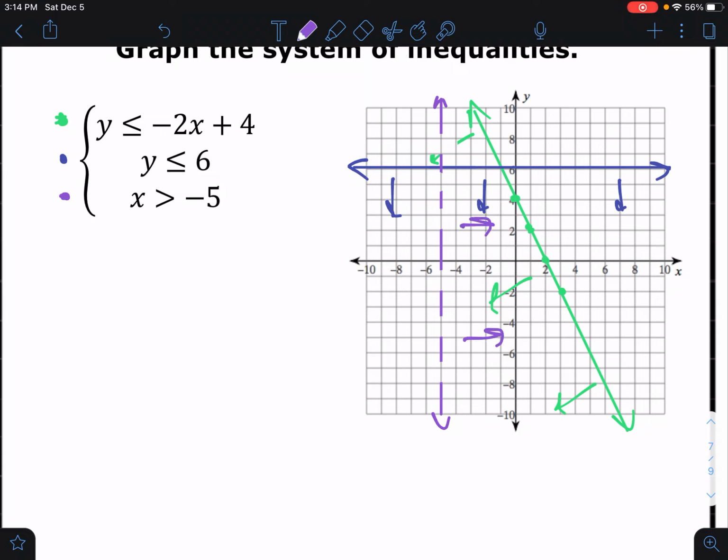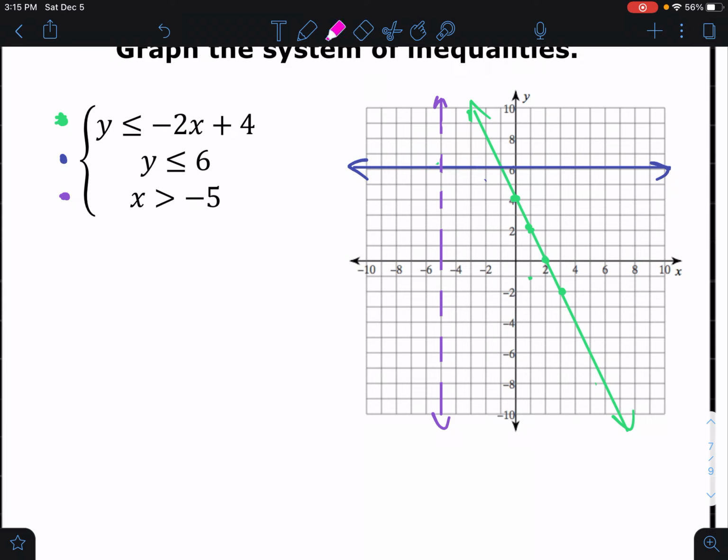So now really, where am I looking that these overlap? You have to see where all three, the dark blue, the purple, and the green all overlap. And that would be here in this region right here. So I want to highlight that. I'm going to get rid of these so we can kind of do that. Okay, so here we go.